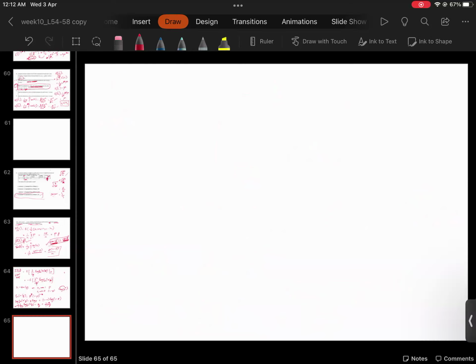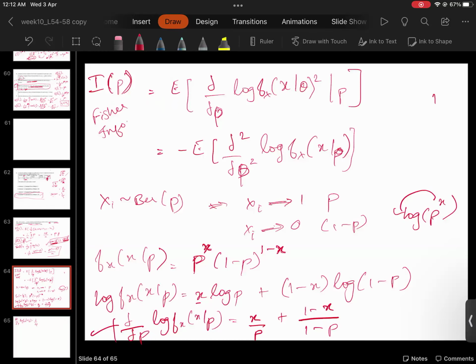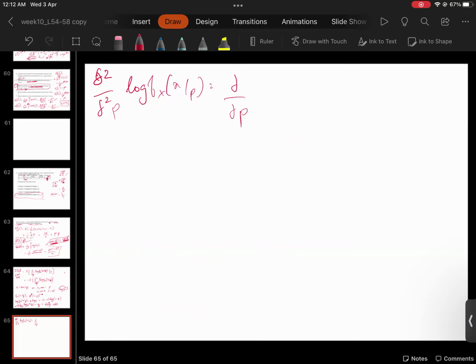Now you do double differential. Delta square by delta square p log of f of x given p is equal to, you do again a differential on this value. You have x by p minus 1 minus x by 1 minus p.